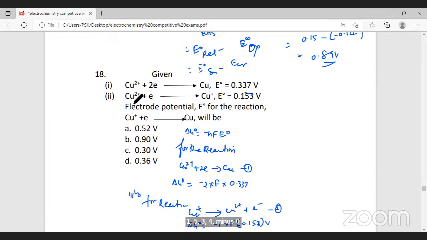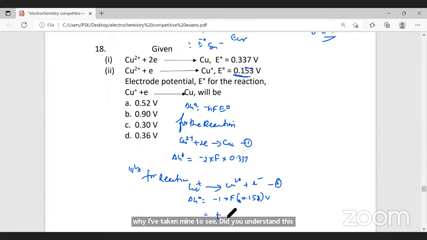Just observe here, Cu2+ plus electron giving you Cu+ is a plus value. If you reverse the equation, the electrode potential becomes negative. That is why I've written the minus sign. Here they've given Cu2+ plus electron giving you Cu+, and I've written Cu+ giving you Cu2+ plus electron. I've reversed the equation, so the potential gets reversed. That's why I've taken minus here. So therefore it will be plus 0.153 F.